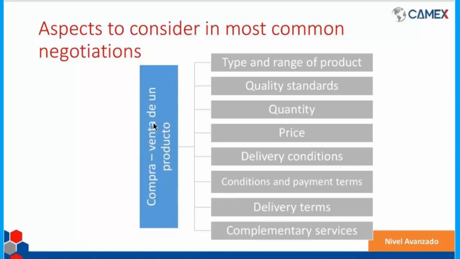So if we relate his example to this slide, he has two types of products, which is the first item that you see here. He said dried meal. So they are two types and range of the products.